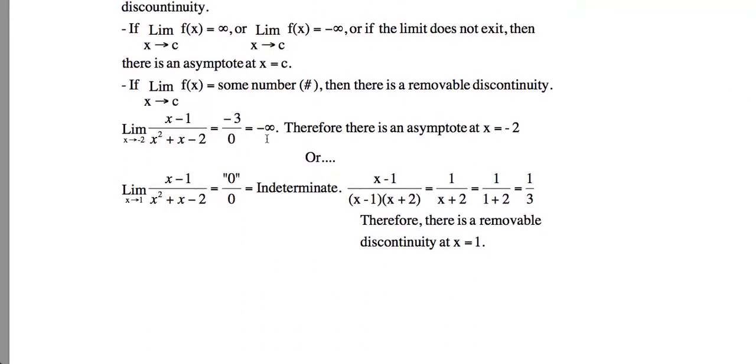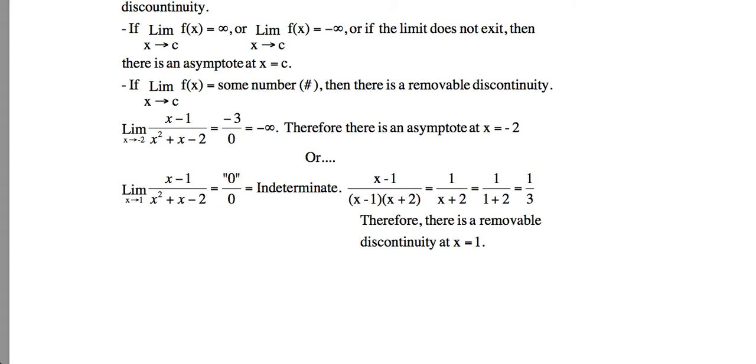You'll find one of them gave you an infinite value, so it's an asymptote or non-removable discontinuity at -2. But when we tried 1, you get 0 over 0, which is indeterminate. That cancels and gives you a numerical answer, so it's removable.